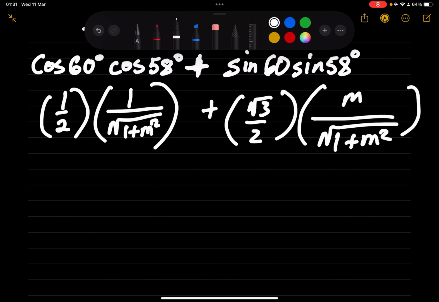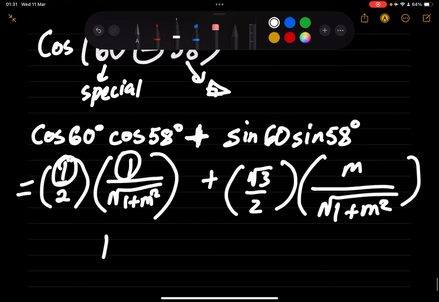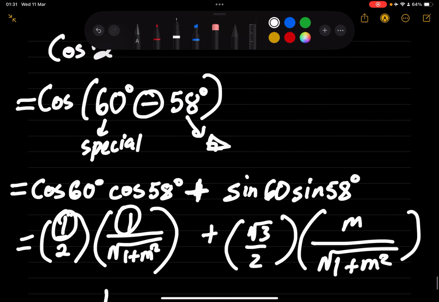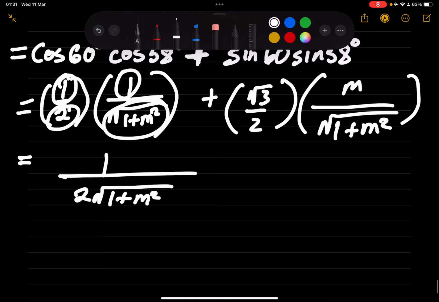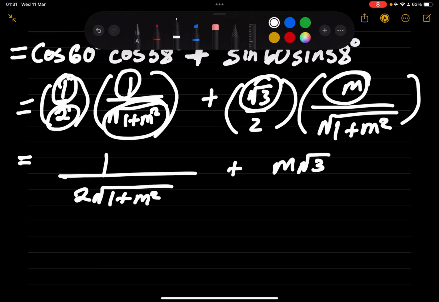We're going to have this times that, which gives us 1, over 2 square root of 1 plus m squared. Plus this one times that is going to be root 3 m, but the m must be outside.